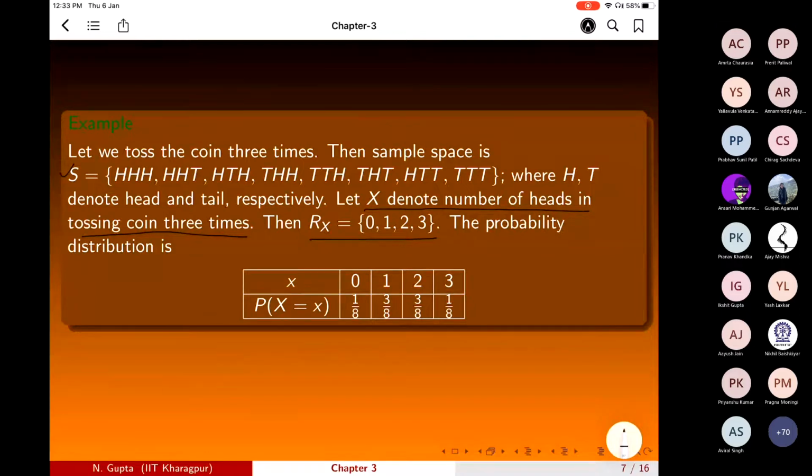The corresponding probability: when X is 0, the number of heads is 0, probability 1 by 8. When X is 1, probability is 3 by 8. Similarly, X is equal to 2 is 3 by 8, X is equal to 3 is 1 by 8. This is known as the probability mass function, and (X, px) is known as the probability distribution.